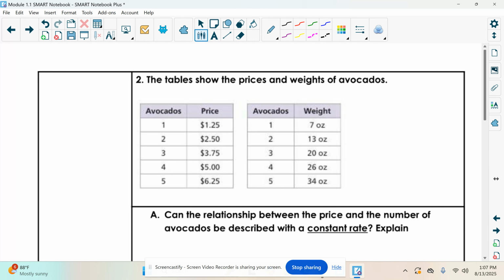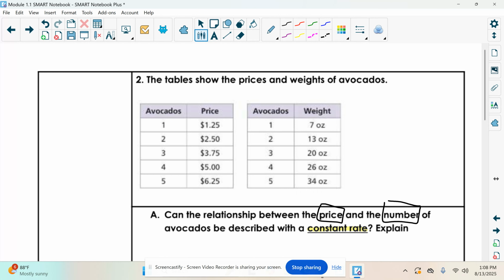Part A is asking, can the relationship between the price and the number of avocados be described with a constant rate? What did constant rate mean? It was a rate or a ratio that happens over and over and over again.